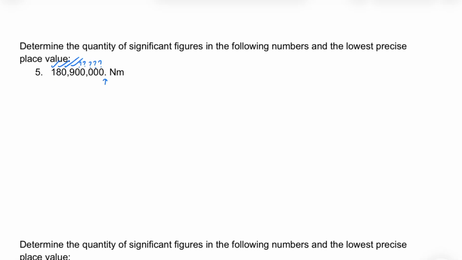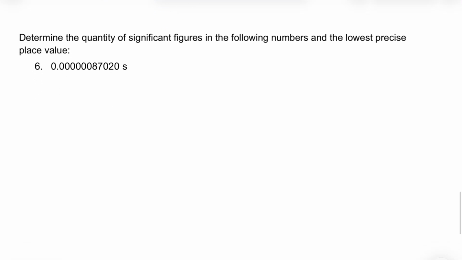So this is kind of unconventional, but what this does is this communicates to anyone who knows what's going on with significant figures that actually all those zeros, even though we wouldn't usually have this decimal point, that decimal point is telling us that all the zeros following the non-zero numbers are significant. So in this number, there actually are 9 significant figures, and we know that the very last significant digit, that 0 at the end there, is our lowest place value that we know to some level of precision, and so that's the ones place value.